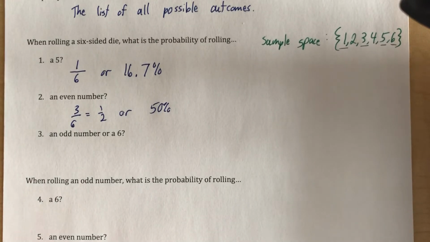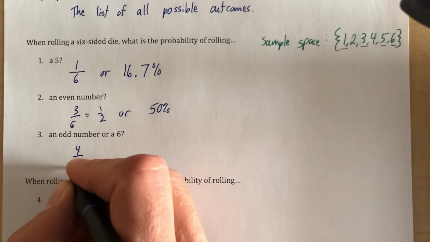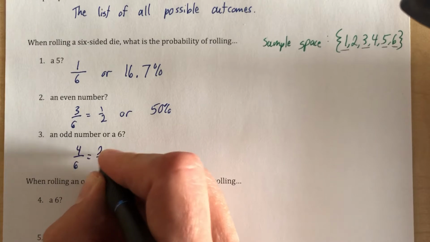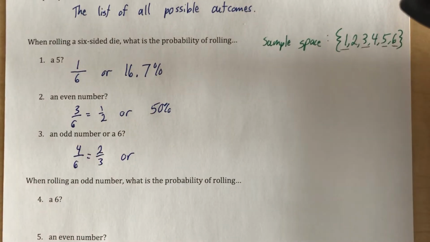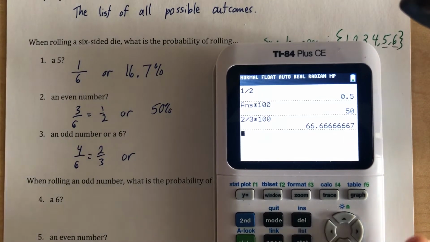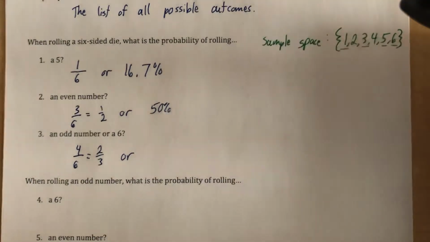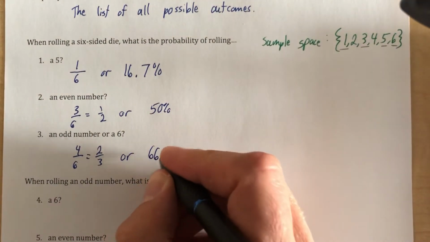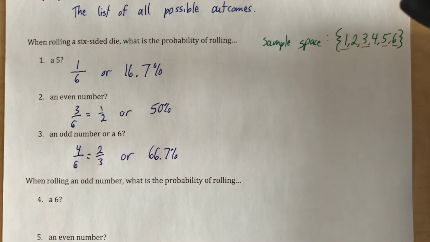So I have 4 out of 6, and 4 out of 6 is 2/3 if you reduce it. If we represent it as a percent, 2/3, we multiply that by 100, and I have 66.7%. So there it is, pretty straightforward.